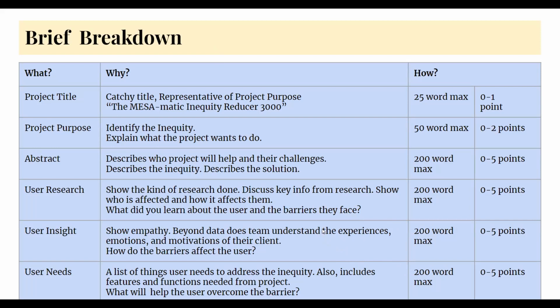So with the user research is, what did you learn about the user and the barriers they faced? With user insight, it's like, how do these barriers affect the user, right? What does it look like in their everyday day-to-day life? Why is it such a challenge? And then the needs is a list of the things that the user needs to address that inequity, right? It also includes features and functions that are needed from the project, right?